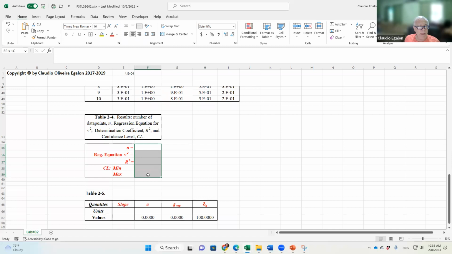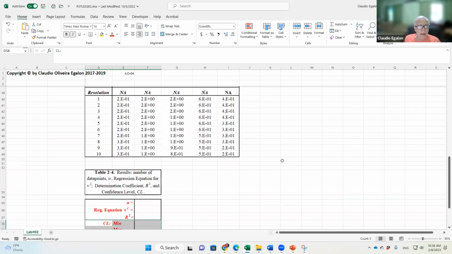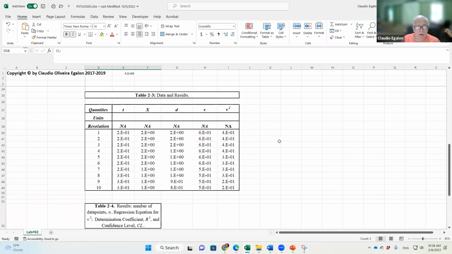And you have to fill this table as well with the confidence level. I'm going to upload that as well, the confidence level table. And you also have to plot a graph.